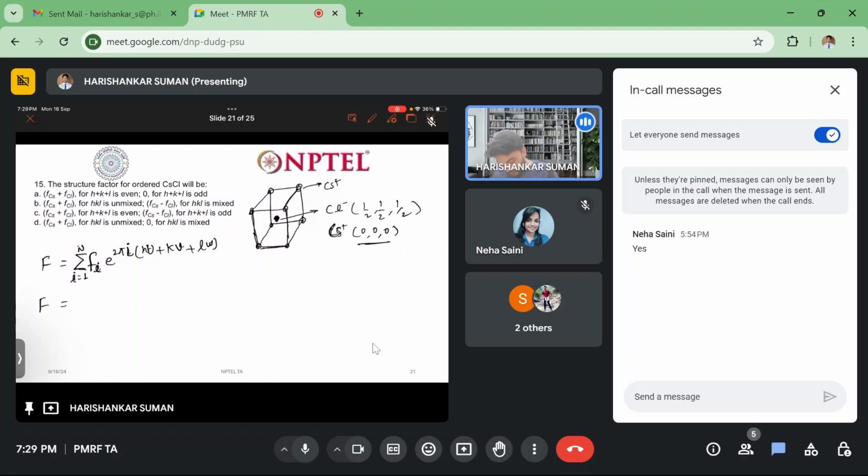Okay, so there are two atoms. Let the first be Cs at 0, then Cl with the exponential factor.